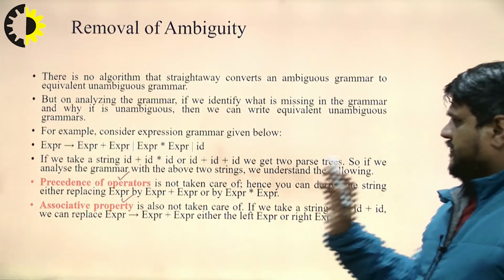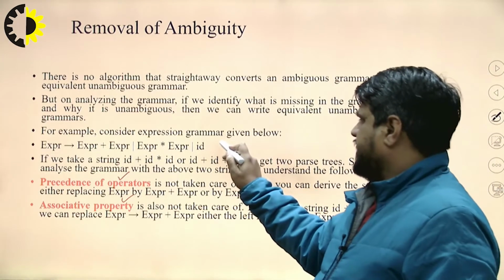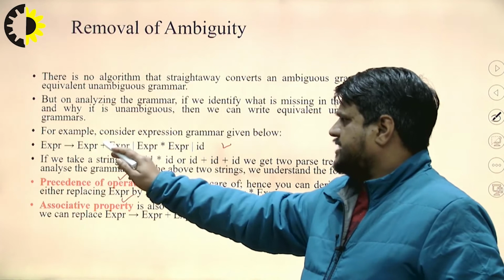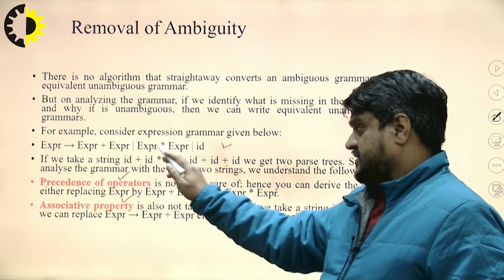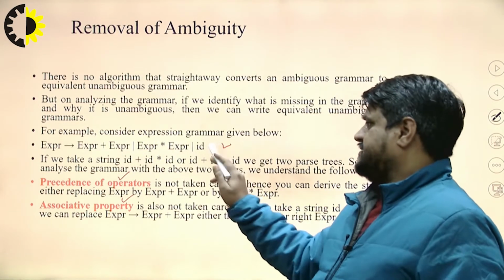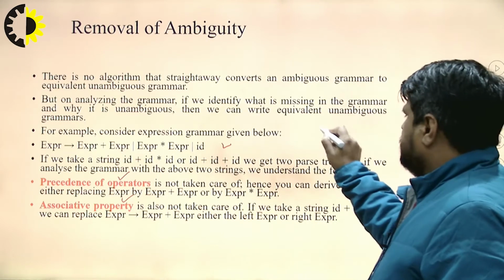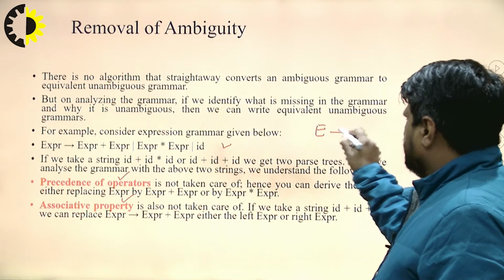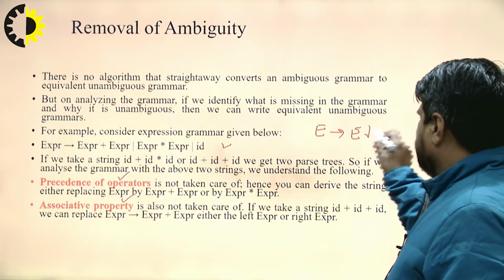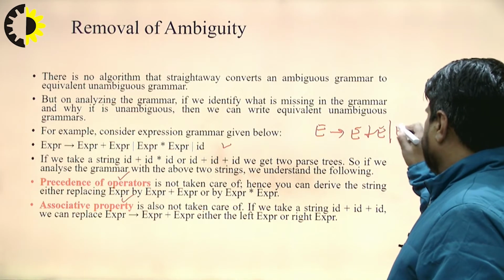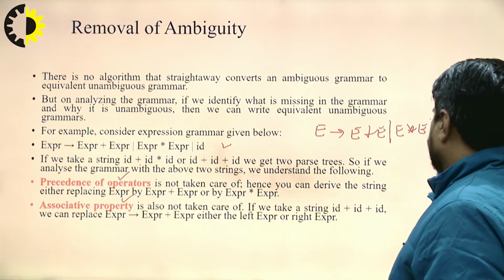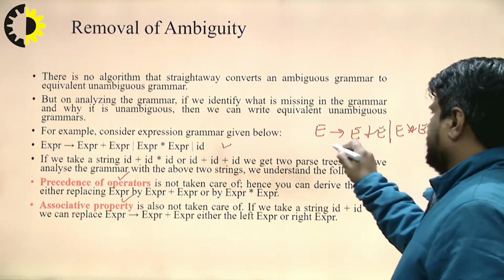If you think of this particular grammar, expression tends to expression plus expression, expression multiplied by expression, or ID. In short, you can write E plus E, E multiply E, or ID. This is a grammar.